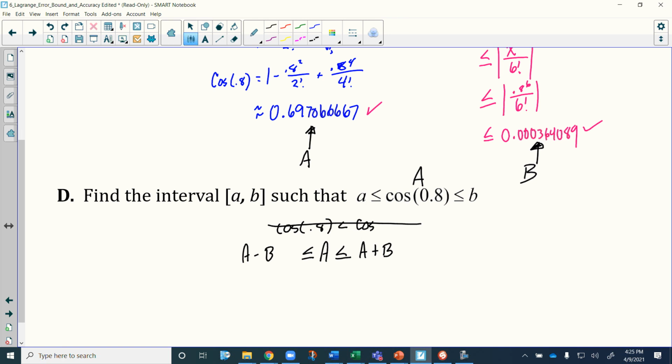If you really want to, we can change that back to cosine of 0.8.